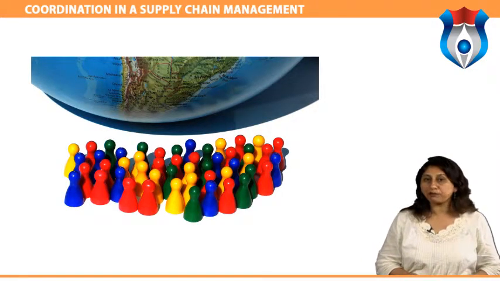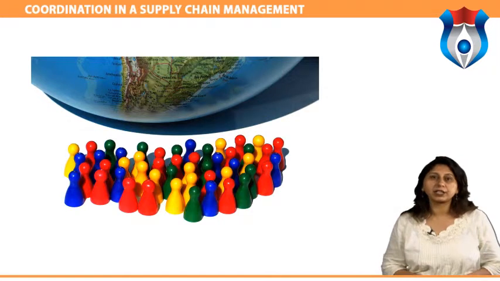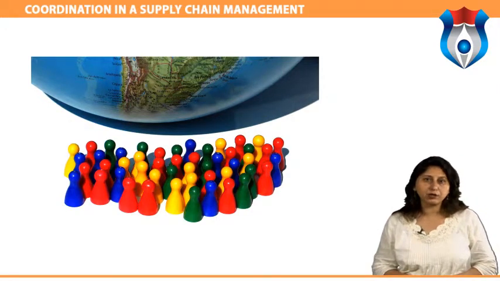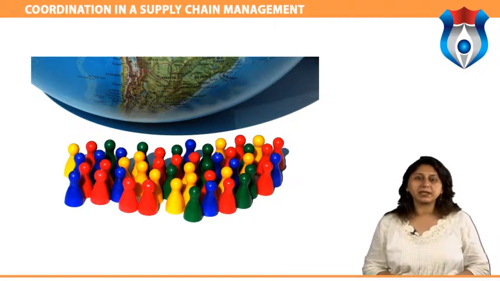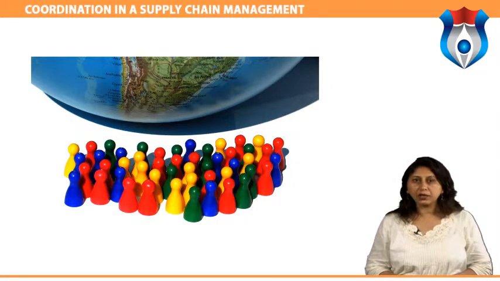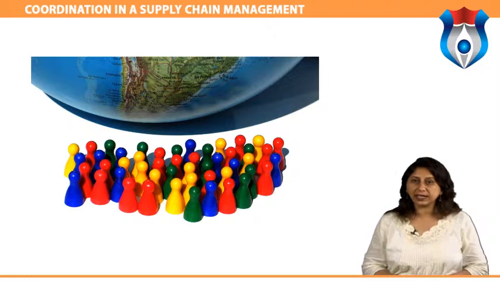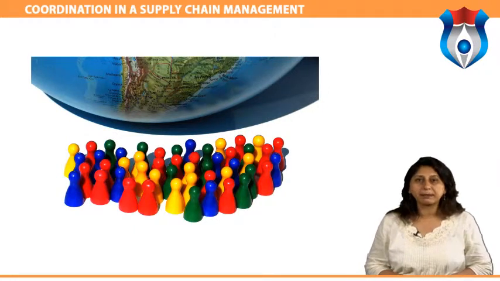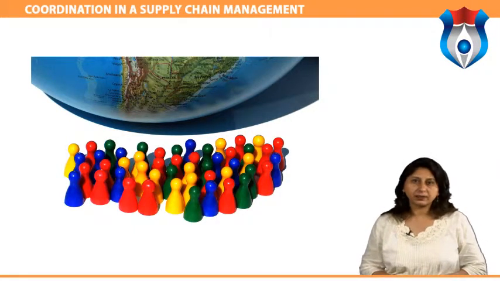A process of planning, executing and controlling the interdependencies of activities carried out by different supply chain members or business units in order to create value for the end customer is known as supply chain management.